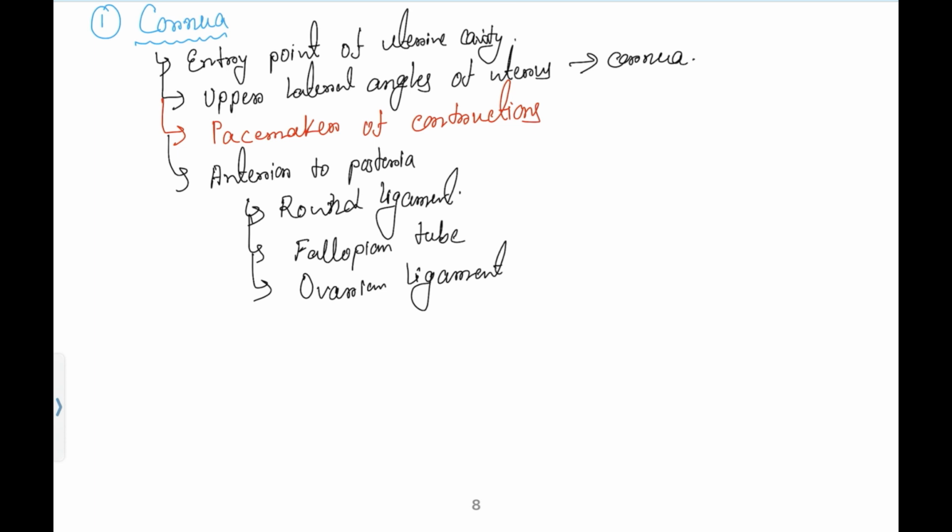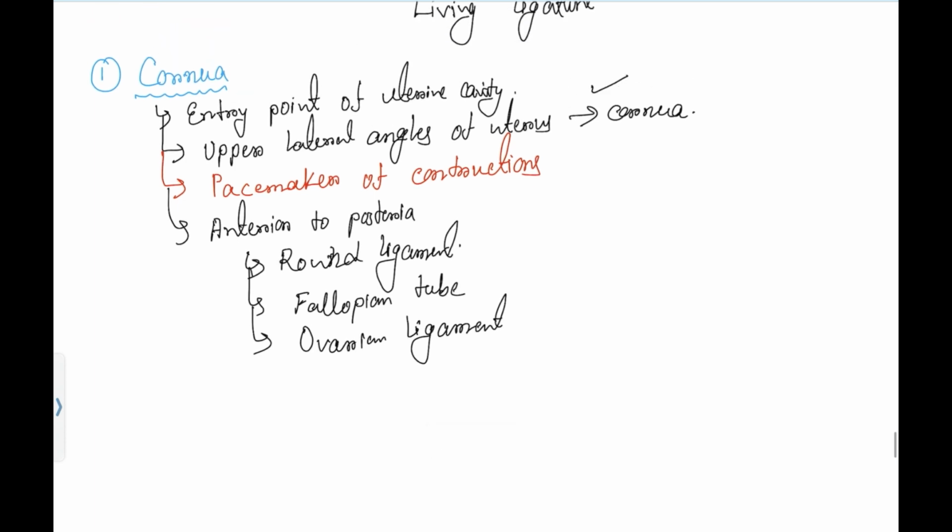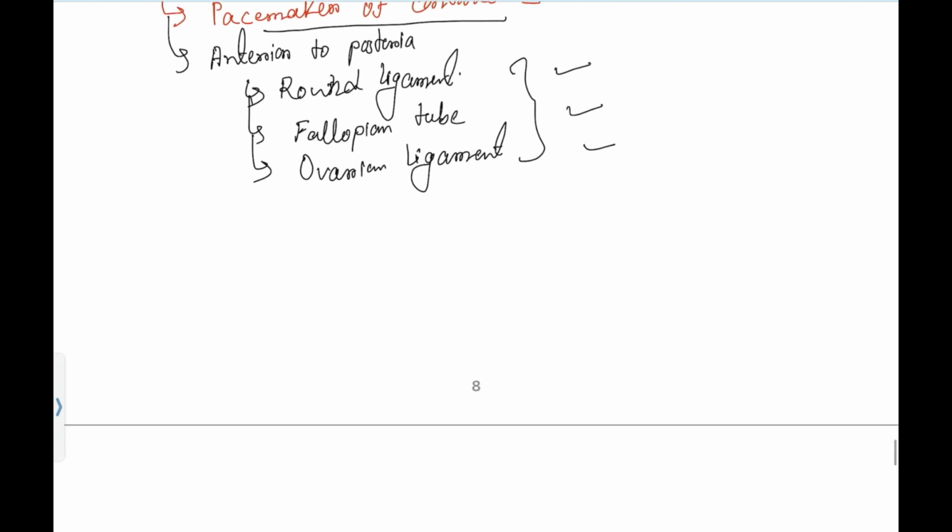So that's all you need to remember from the cornua. Cornua is the entry point of the uterine cavity, and the upper lateral angle of the uterus is called cornua. It is the pacemaker of contraction, because contraction starts from here, and three structures, the round ligament, fallopian tube and ovarian ligament, are attached to this cornua.